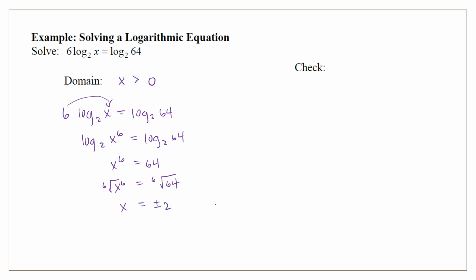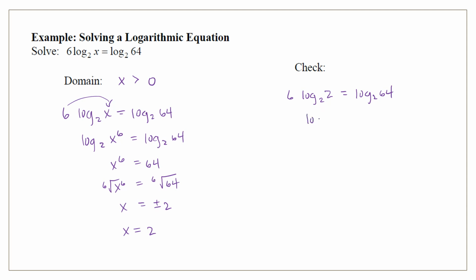Since we know that the domain has to be x is greater than 0, we can discard negative 2. So negative 2 is actually an extraneous solution. And so we know then that x equals 2. And we can substitute this back to determine if it is a correct solution.